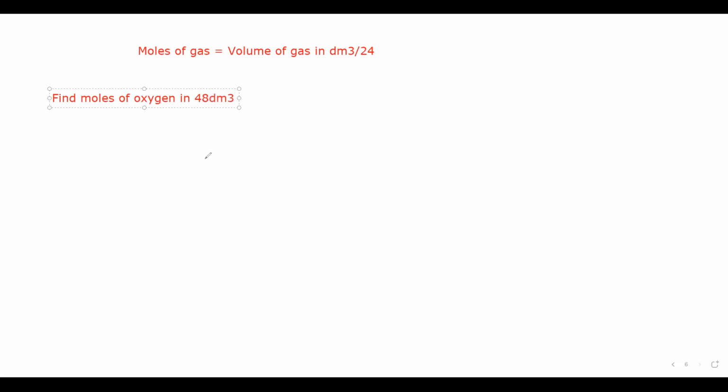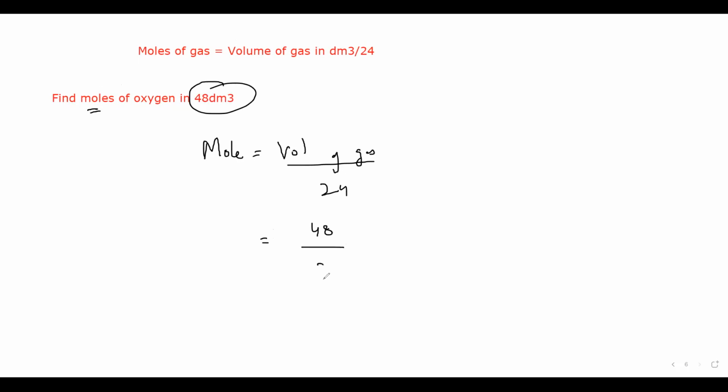So the formula is moles equal volume of gas divided by 24. What is the volume of the gas? We have to find the moles. The volume of the gas is 48 dm cube. So that is 48 divided by 24. If 48 is divided by 24, what do we get? We'll get 2 moles of oxygen.